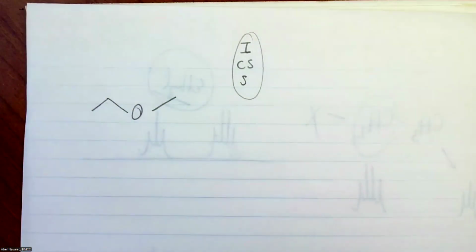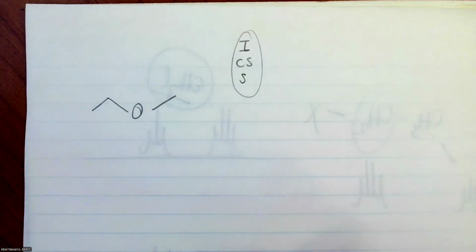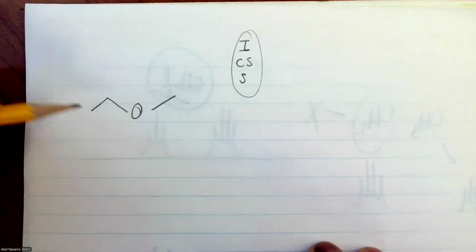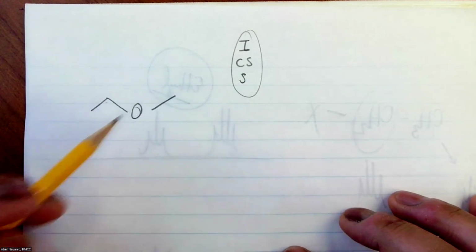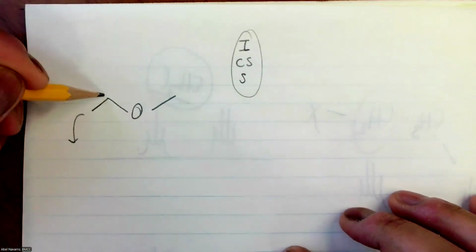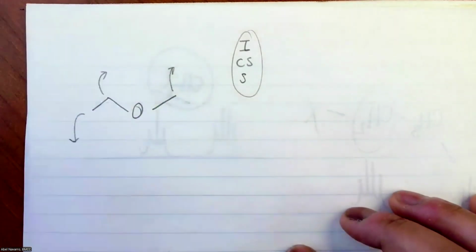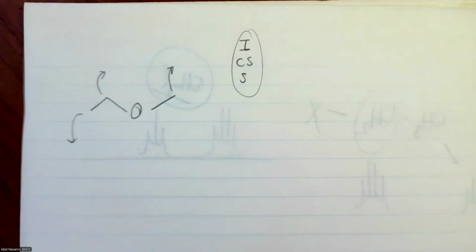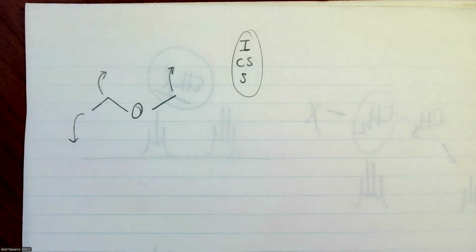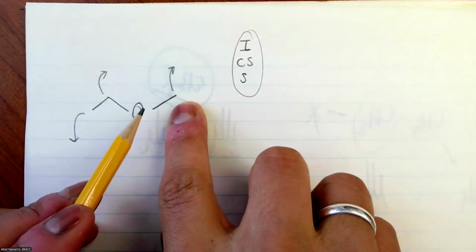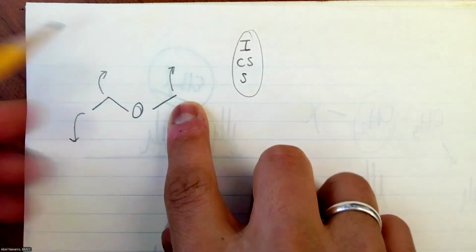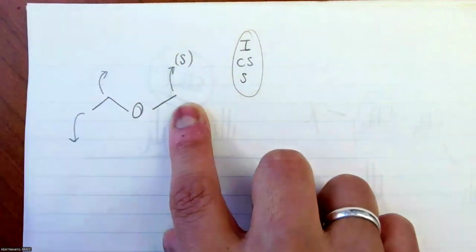My recommendation is to look at each of the hydrogens, and first identify how many signals we have. I see no symmetry. This is going to give me a peak, this is going to be another peak, and this is going to be another peak. Now I need to predict the splitting. I would say do the splitting first. This one is neighboring an oxygen with no hydrogen, and of course, it's going to be a singlet.